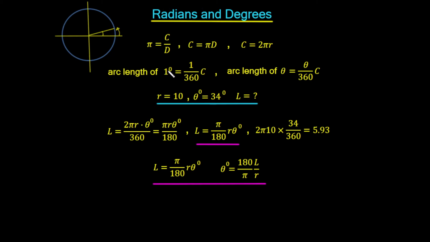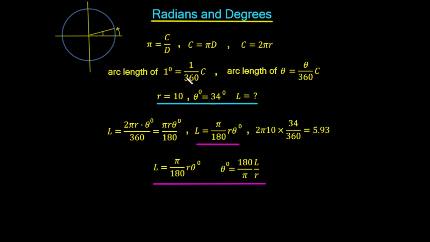So we know that 1 degree is going to be 1/360th of the circumference. So we take the circumference, which is given by 2 pi r, and divide it by 360, and that will give us the arc length of 1 degree.